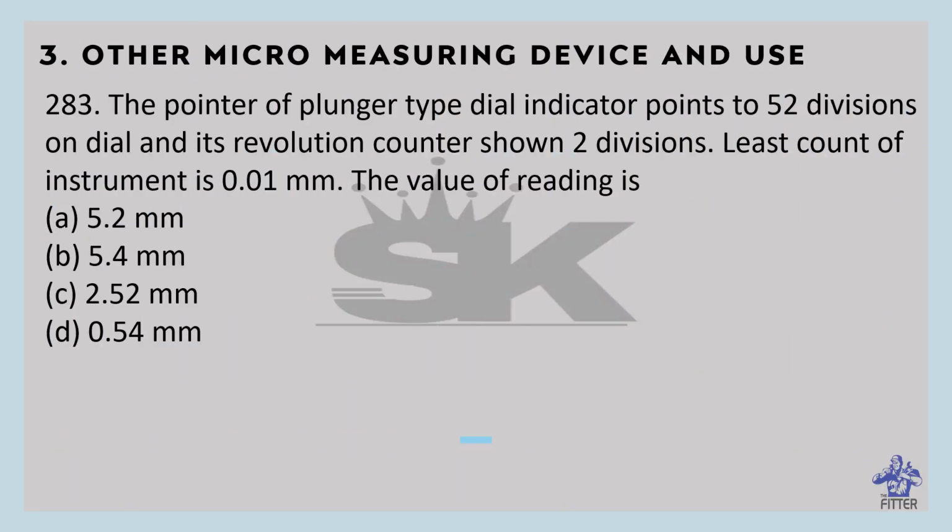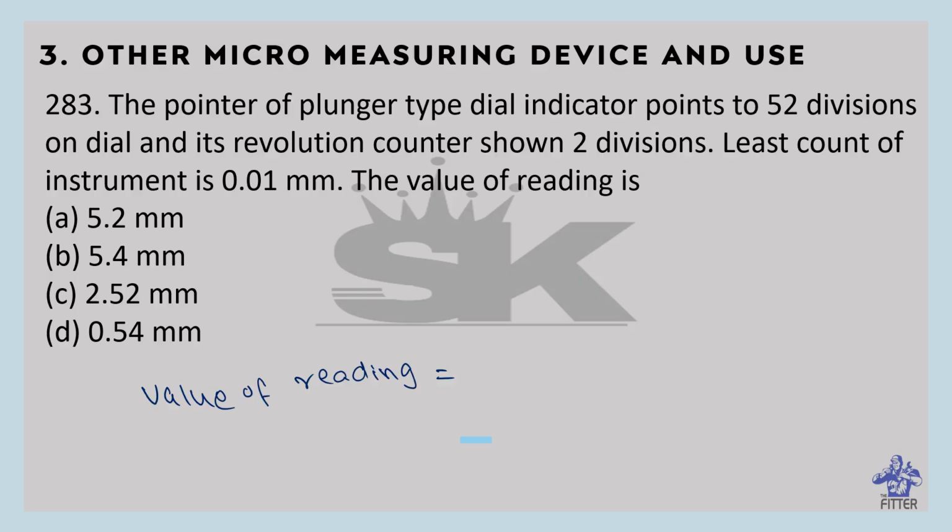The pointer of a plunger type dial indicator points to 52 divisions on the dial and its revolution count shows 2 divisions. Least count of the instrument is 0.01 mm. So the value of reading is, revolution count is 2 divisions, that is the main scale division.